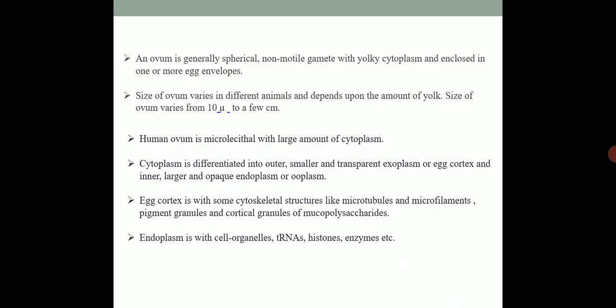The egg cortex consists of cytoskeletal structures like microtubules and microfilaments, pigment granules and cortical granules of mucopolysaccharides, whereas the inner endoplasm has the cell organelles, tRNAs, histones and the enzymes.